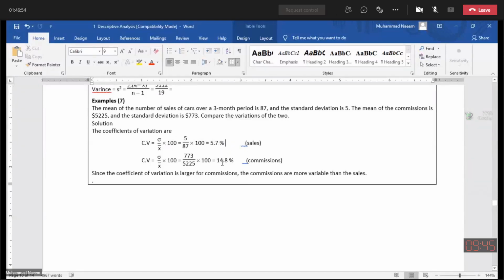One is 5.7 and another is 14.8. So we can compare both the variations. As the value of coefficient of variation is larger, this means this variable has more variation than this one.